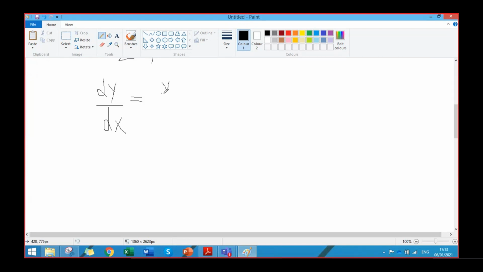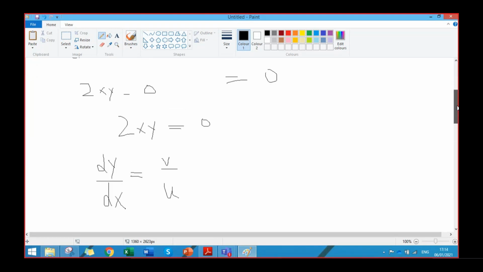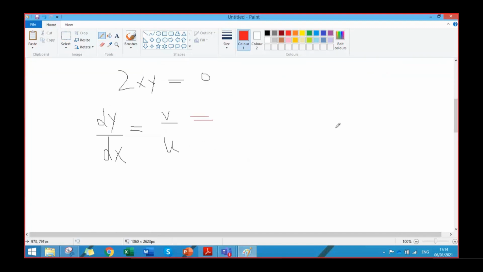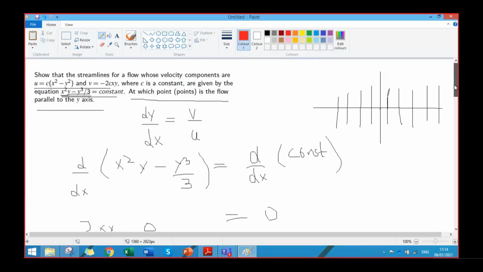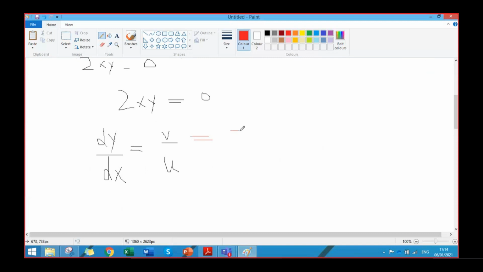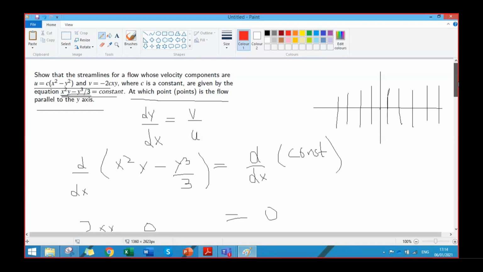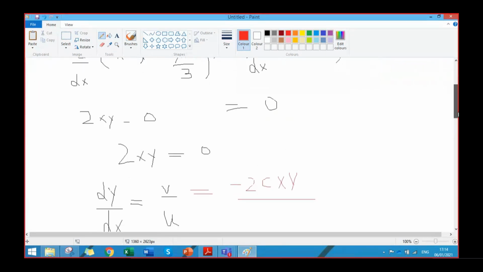So we'll simply write dy by dx equals v by u. v is minus 2cxy and u is c(x square minus y square).